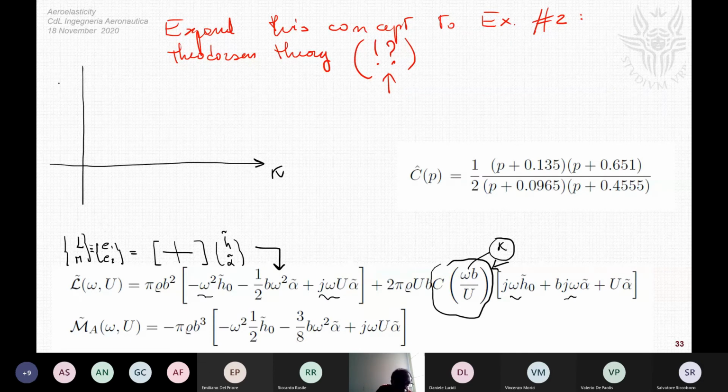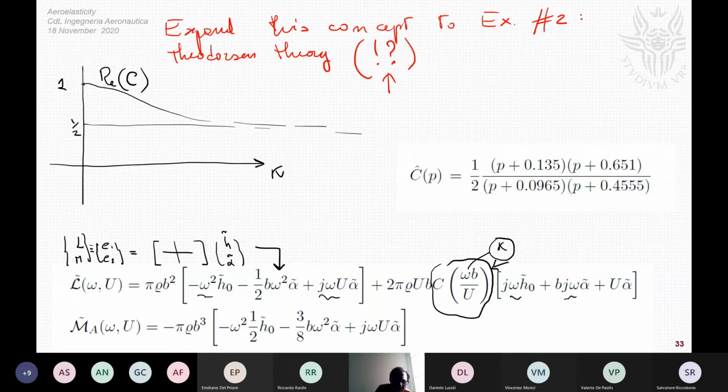The real part starts from one value and decreases asymptotically to 1/2. And this is the real part of the Theodorsen function.